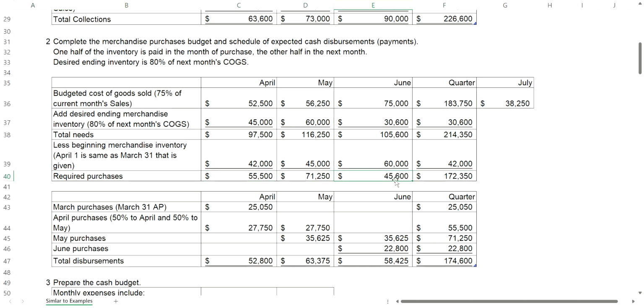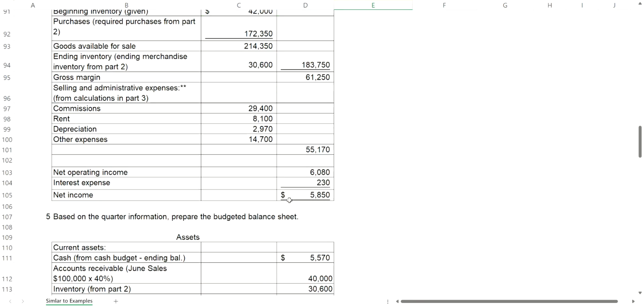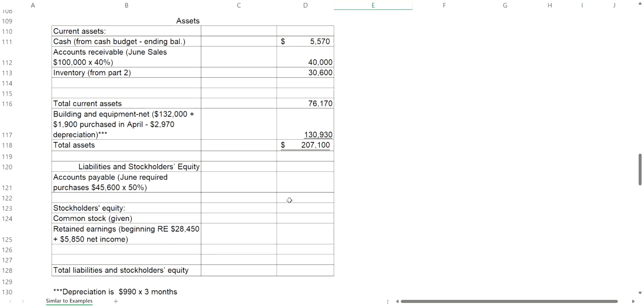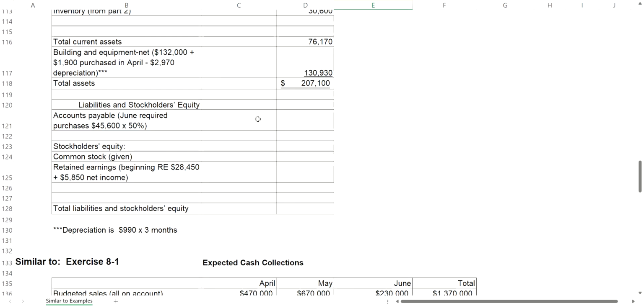June's required purchases were $45,600. Remember, 1/2 is paid in the current month, so 1/2 of that would be paid in June, but the other half of that would be paid in July. So that means that other half would remain in accounts payable. Okay, so therefore 1/2 of $45,600 is $22,800 for our accounts payable balance.